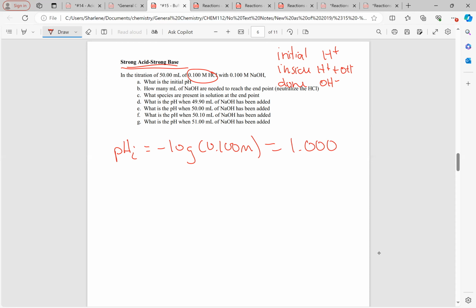How many milliliters of sodium hydroxide are needed to reach the end point? Well, I need the exact same number of moles because this is a 1-to-1 relationship. For every proton, I need a hydroxide. And in this case, they're 1-to-1. So I know that is 50 milliliters.